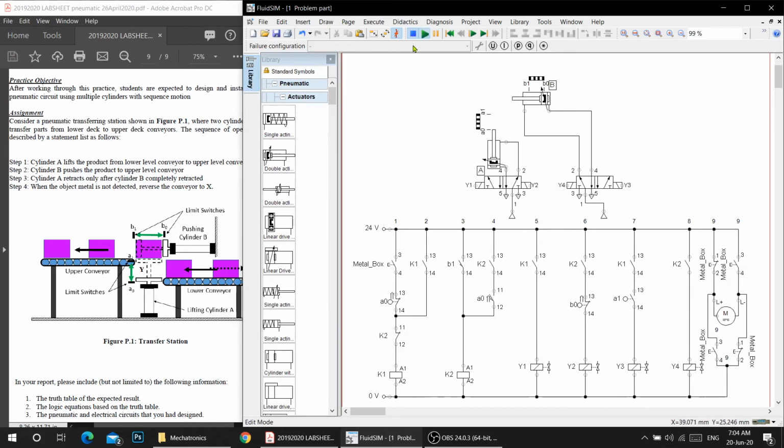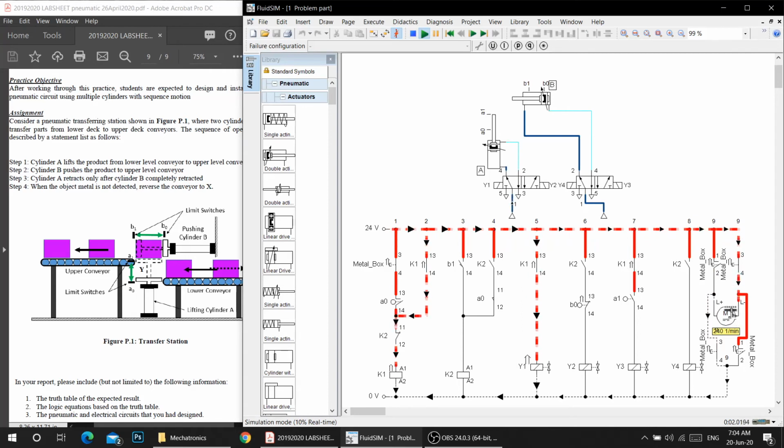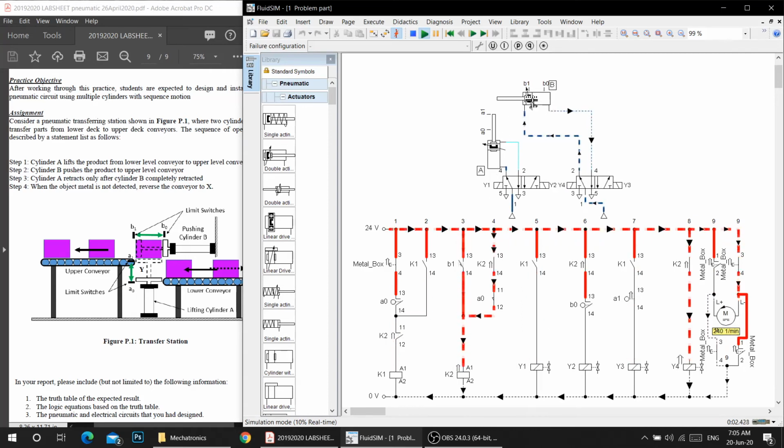As you can see when we start the simulation, the motor will turn in a clockwise direction because there is no metal box detected. Watch, immediately when the metal box is detected, the motor will turn in an anti-clockwise direction and the cylinder will start to do its job.